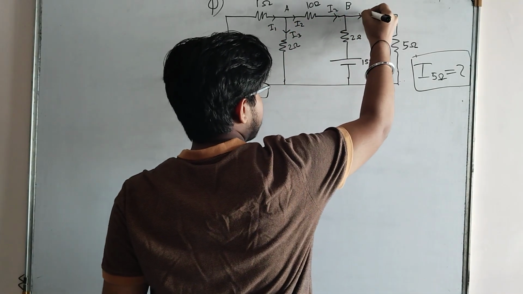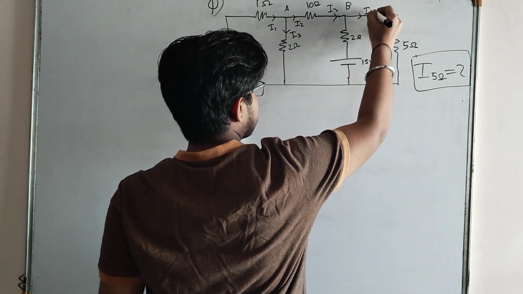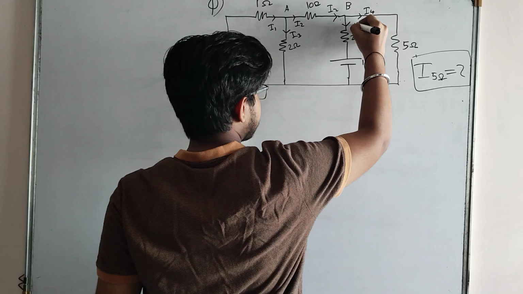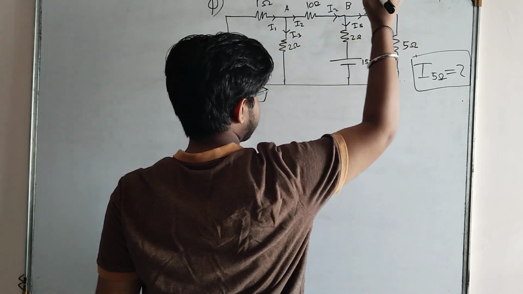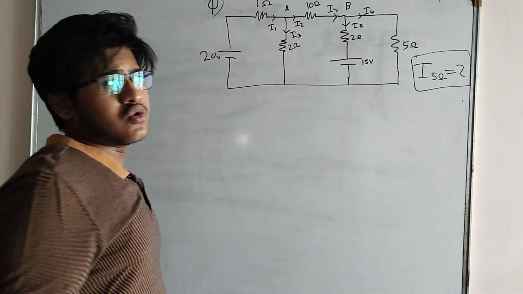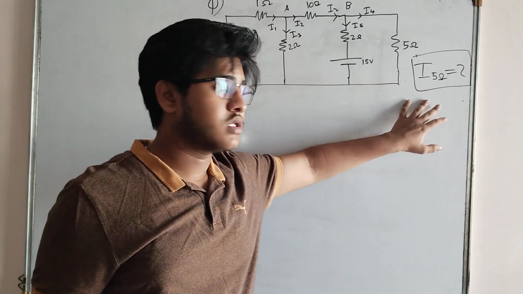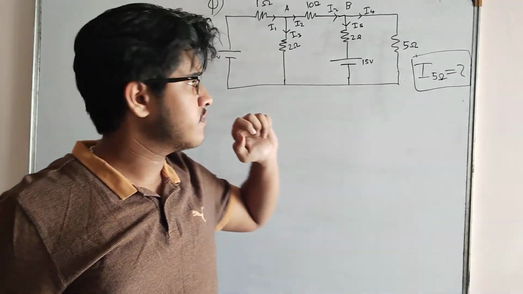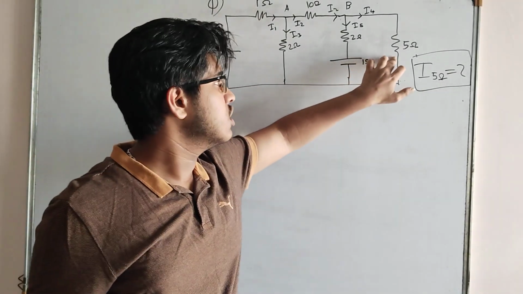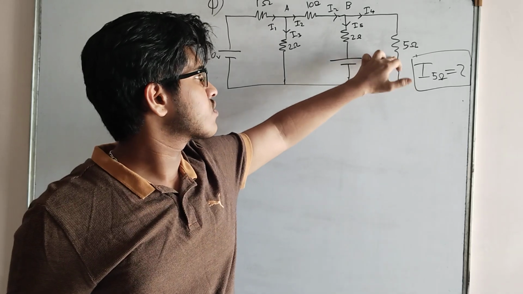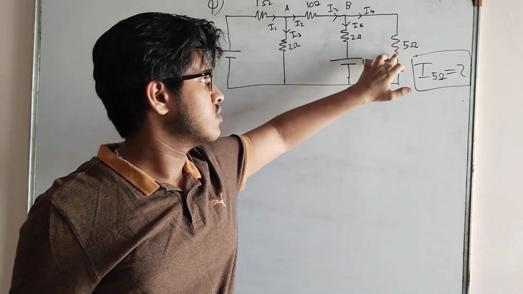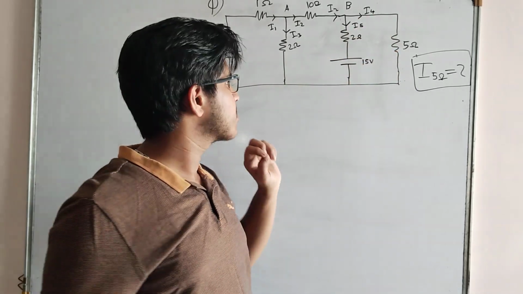This is my I4 and this is my I5. Once again, our question is to find the current through the 5 ohm resistance, which is here. So indirectly we want to find I4, which is flowing through the 5 ohm resistance.